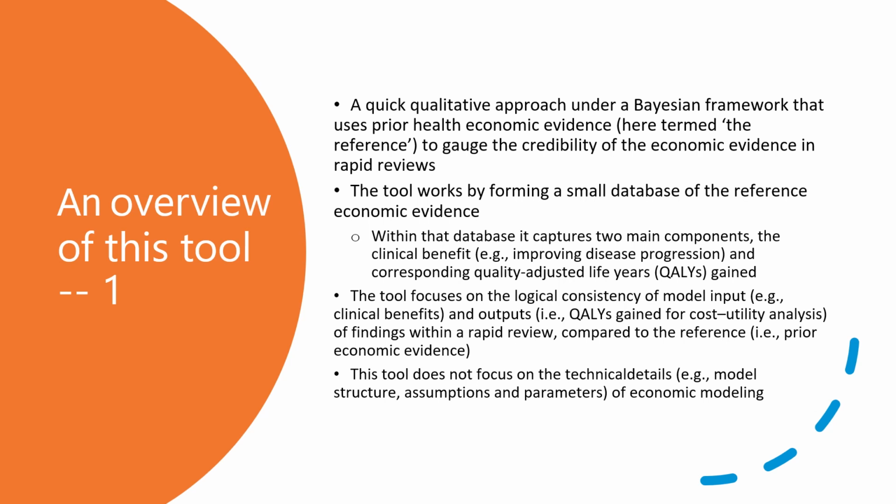The tool focuses on the logical consistency of model input, clinical benefits, and outputs, QALY gained for cost-utility analysis of findings within a rapid review, compared to the reference, the prior economic evidence. This tool does not focus on the technical details, such as model structure, assumptions, and parameters of economic modeling.